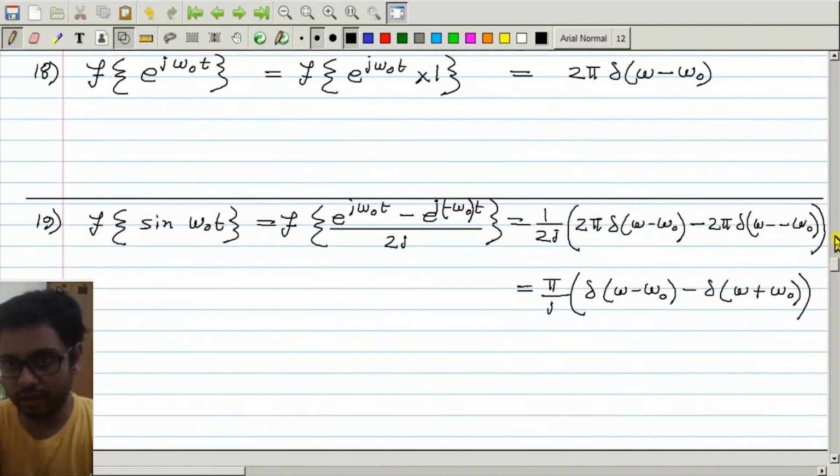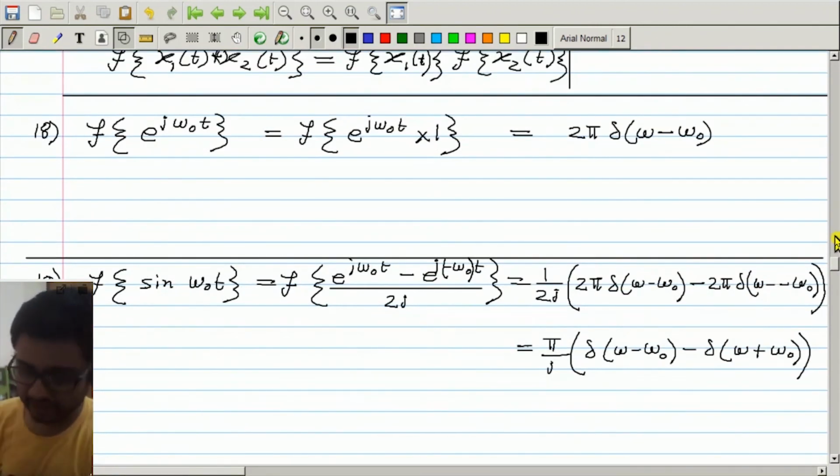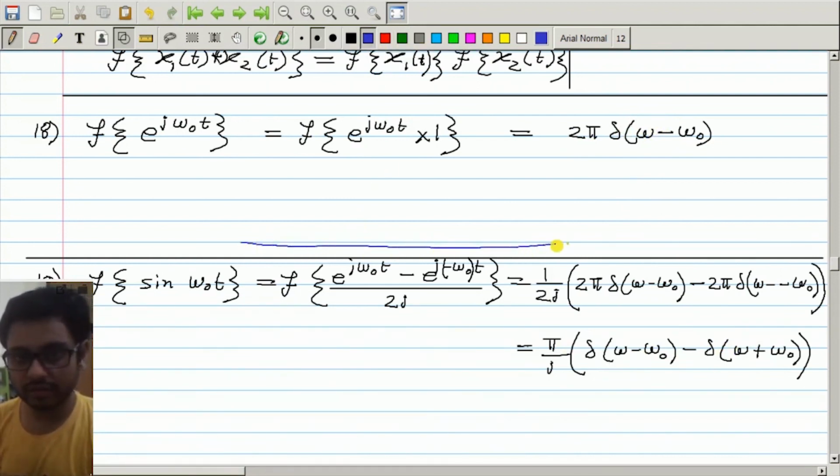Now I shall finish today after drawing these few functions as a function of omega. Okay, so let me draw this Fourier transform of e to the power j omega naught t as a function of omega.